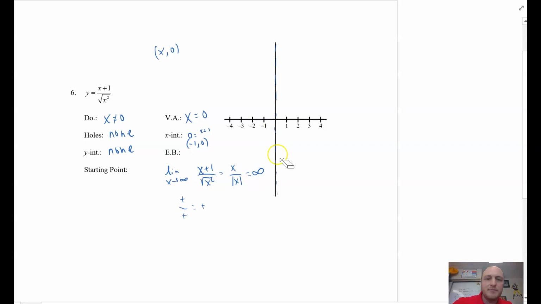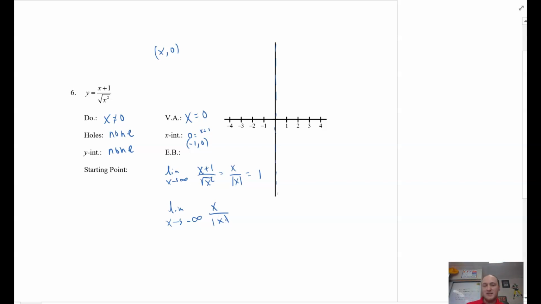What am I talking about? I'm lying. This is approaching 1. The terms are the same, so we take the ratio. So it's going to be a positive 1. Now we'll do the limit as x approaches negative infinity, and I'll take my reduced terms, so x over absolute value of x.